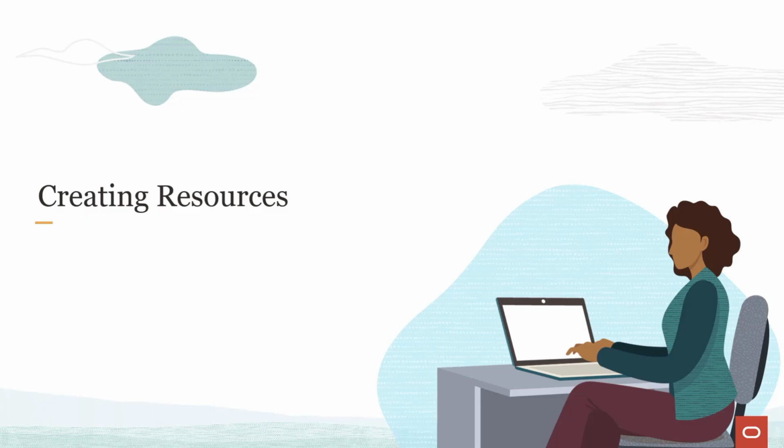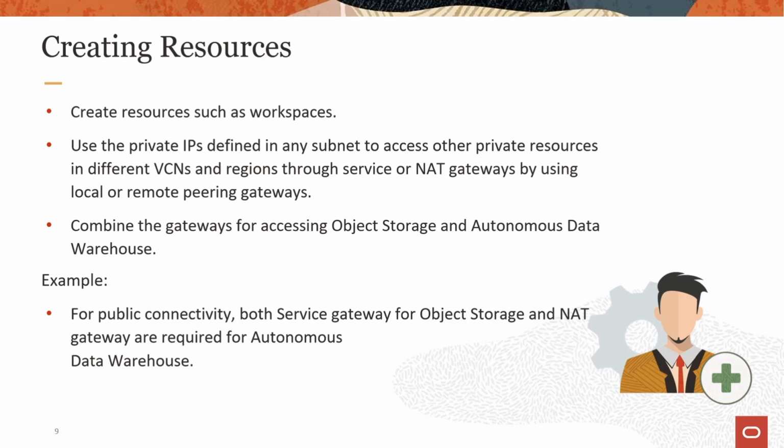In the next section, you will understand the resource creation methods. You have the facility to create resources such as workspaces. First, use the private IPs defined in any subnet to access other private resources in different VCNs and regions through service or NAT gateways by using local or remote peering gateways.